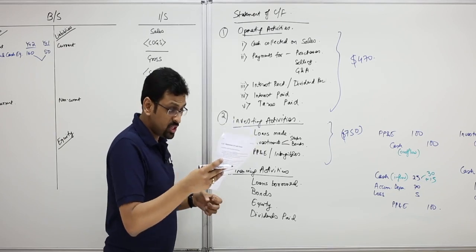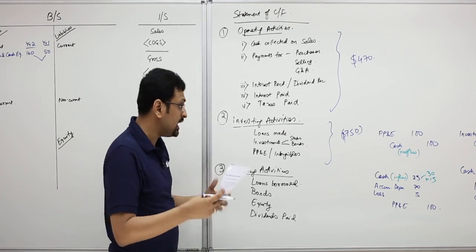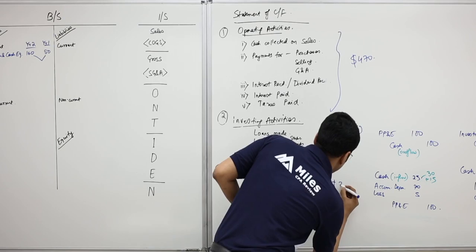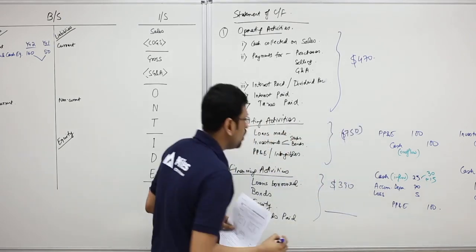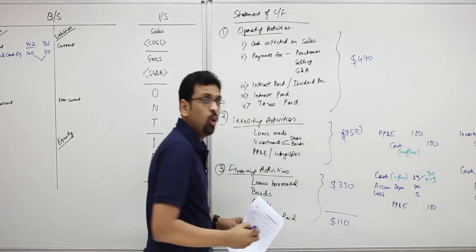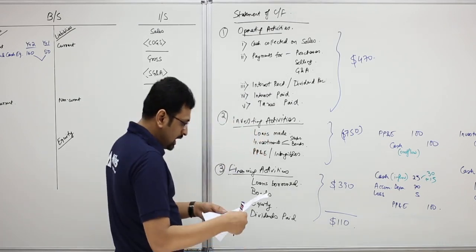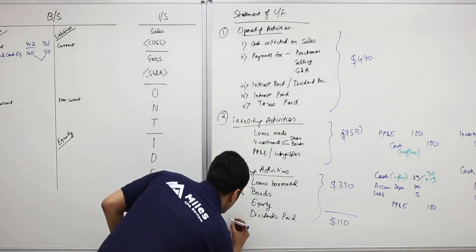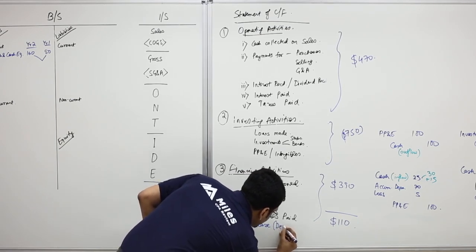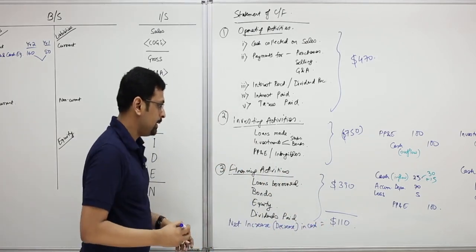Then we also raised some money this year, so there was net cash provided by financing activities. That means the net cash inflow from financing was 390. Now guys, if I sum up all these three, it comes to a net cash inflow of 110. So the net increase or decrease in cash is 110.